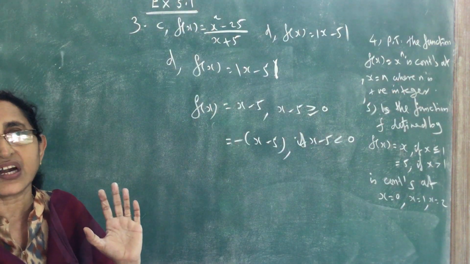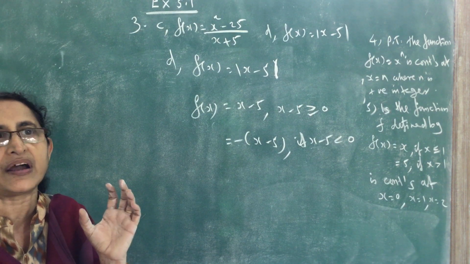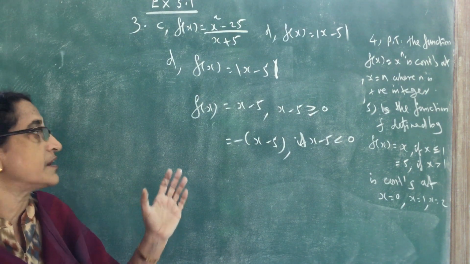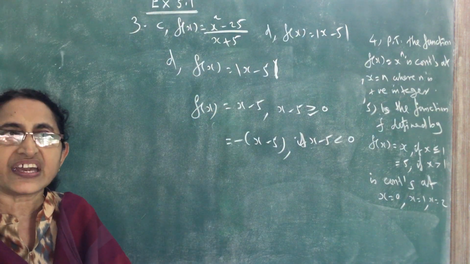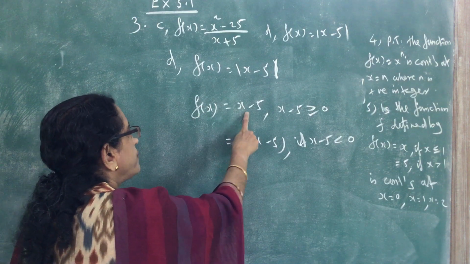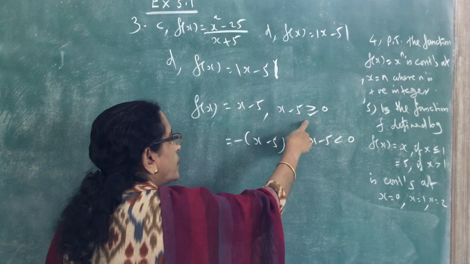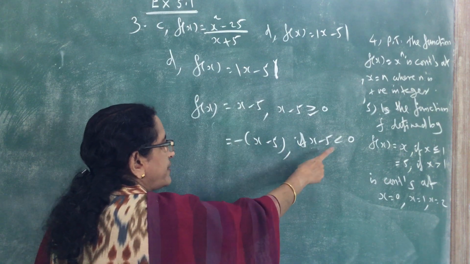So we have to consider each case when x is any real number, and check whether the function is continuous. But here, f(x) = x - 5 when x - 5 ≥ 0 and -(x - 5) when x - 5 < 0.